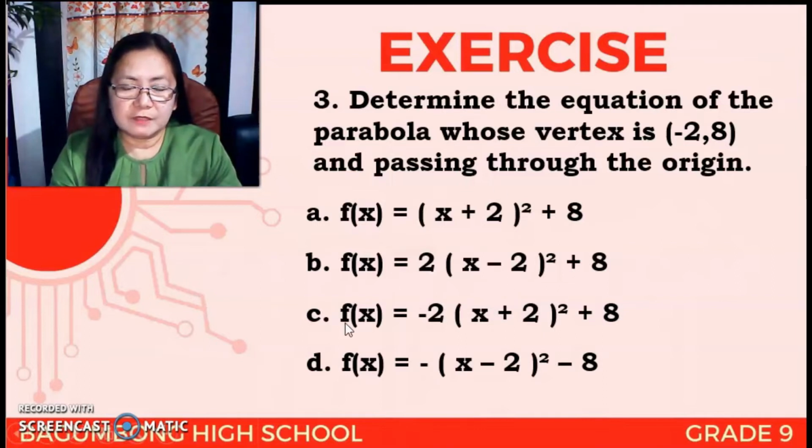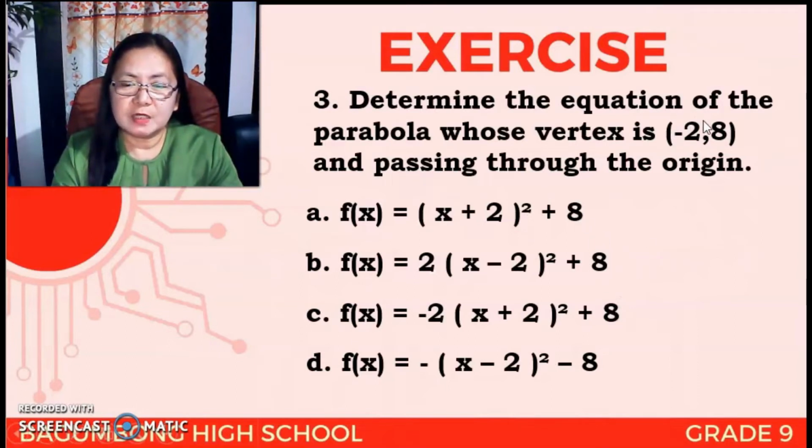So, all the quadratic functions have positive, so letter A, letter B, and letter C are quadratic functions written in vertex form whose value of k is equal to positive 8.